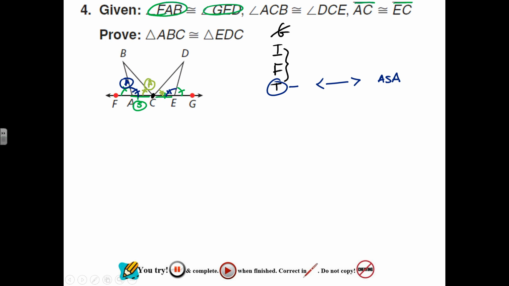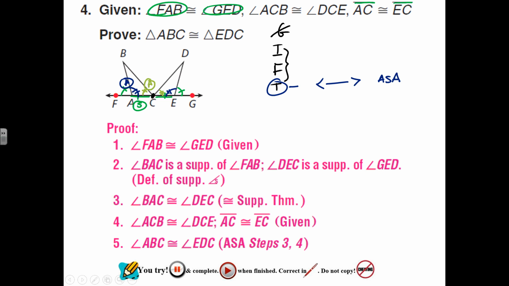All right, let's check your work. So you start with your given, and then we could say our supplements. Now your orders can be slightly different here, so we say they're supplementary. And then that gets us our first pair of angles here in the corner. There's the angles.